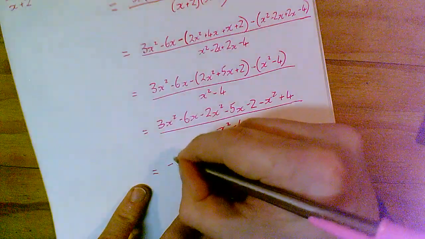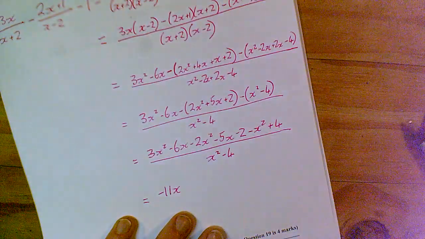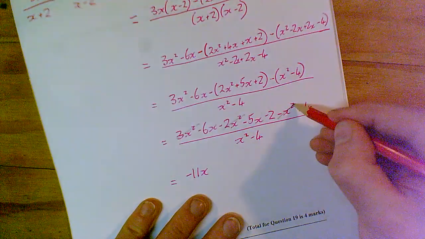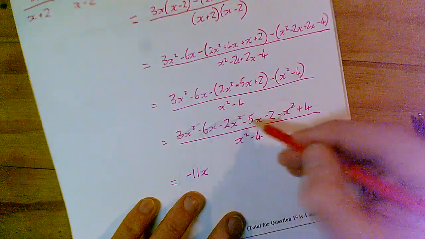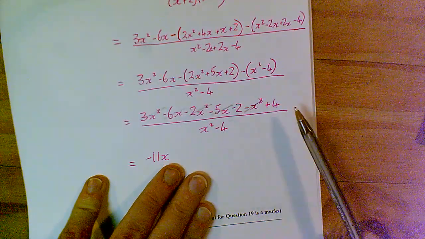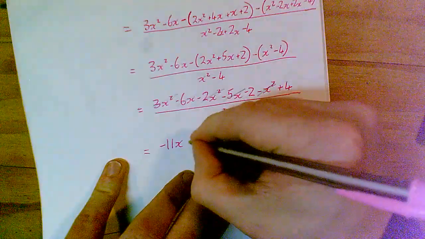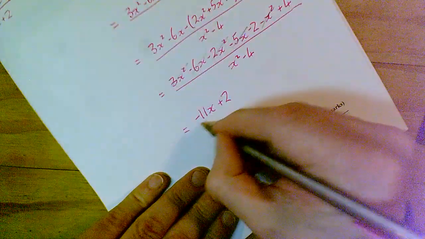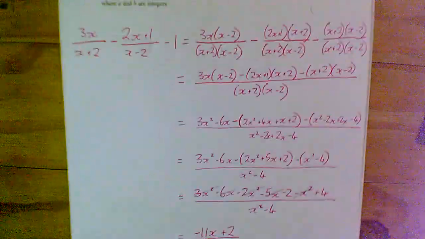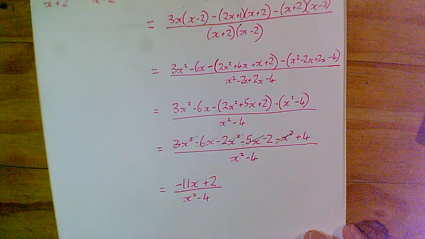No. Just going to cross out the ones that I've done. So I did all the x squareds, I did the x's. What have I not done now? Just a negative 2 plus 4, and that'd be a plus 2. And then my denominator being x squared subtract 4. So there's the correct answer.